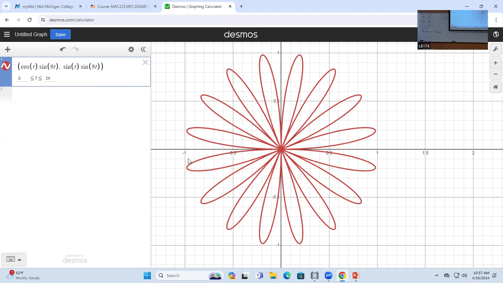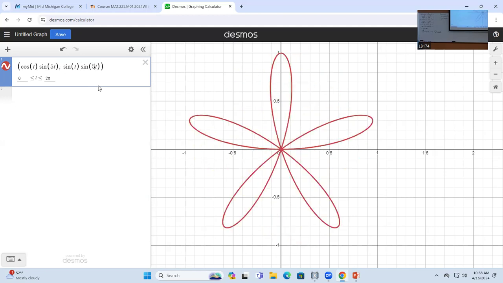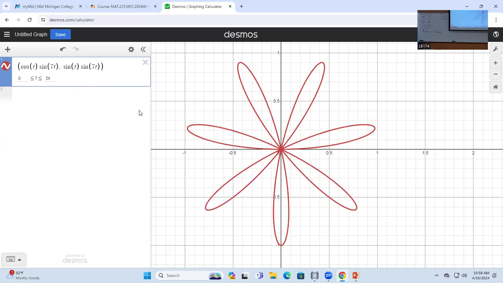So 4, 6, 8, all even numbers in there, you get double the number of petals. Interestingly enough, if you put in an odd number like 5, you get exactly 5 petals. Or if you put in a 7, you get exactly 7 petals. So the odd numbers give you the exact number of petals, whereas if you put in the even numbers, you get double that number of petals.